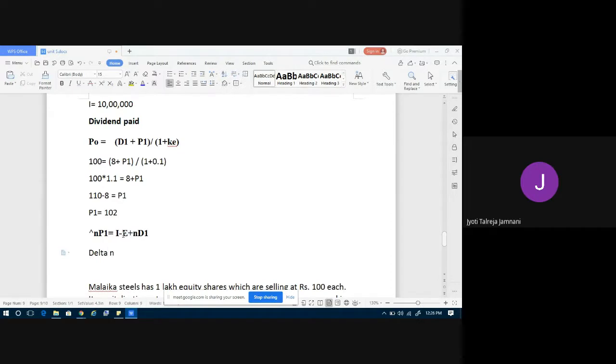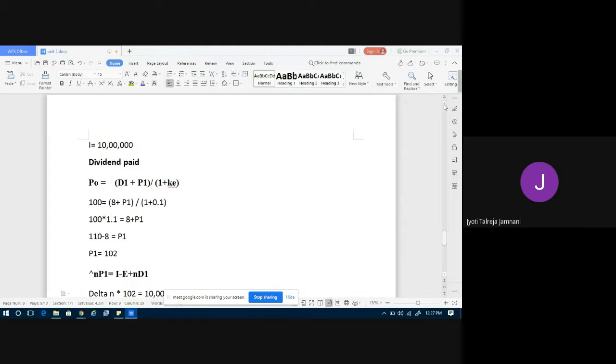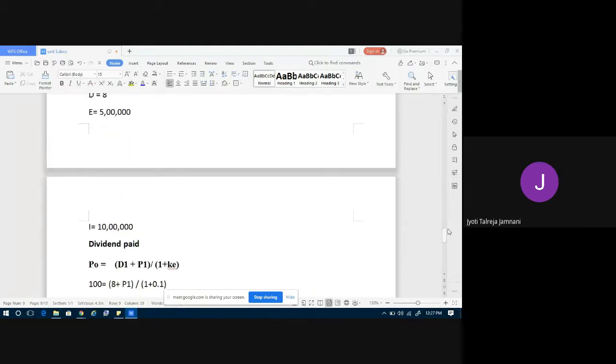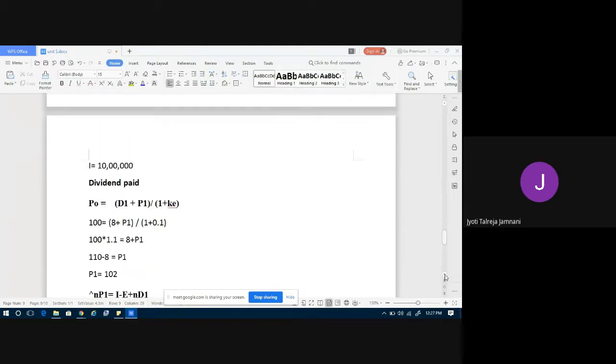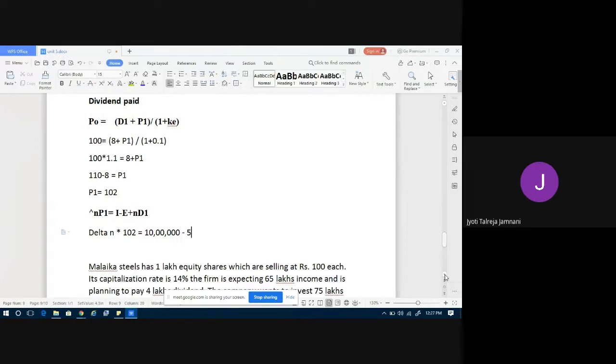Delta N into P1, P1 you just found out it is 102, is equal to I, which is the investment 10 lakhs, minus earnings, I think the earnings are 5 lakh, plus N into D1.